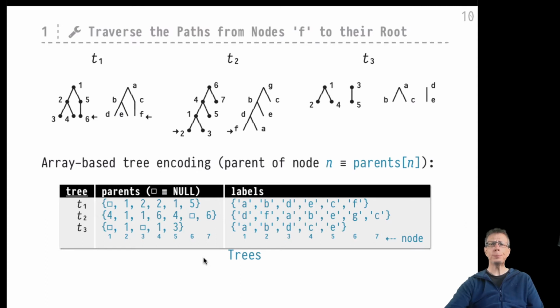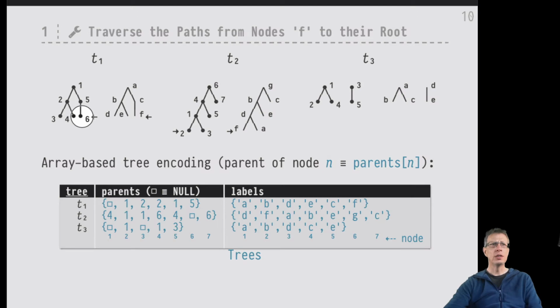Okay. So now we wanted to compute the nodes on the path from one particular node in the tree, any node in the tree, up to the root. If we are looking at this node number 6 here, it's the node labeled F. Then the nodes on the path to the root would be 5 and 1.